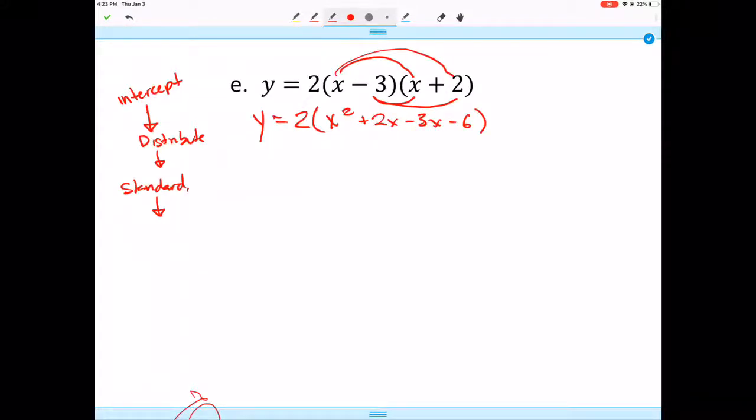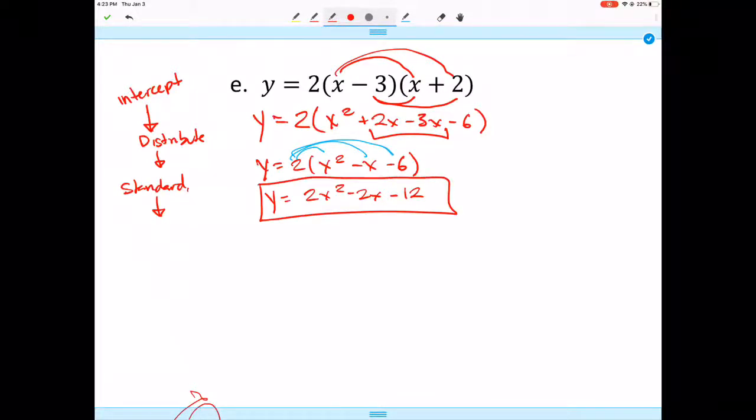Okay, and then combine like terms. Y equals 2 times x squared minus x minus 6. Okay, and then we just need to distribute that 2 to all 3 terms. So that gives us y equals 2x squared minus 2x minus 12. Okay, so that looks nice.